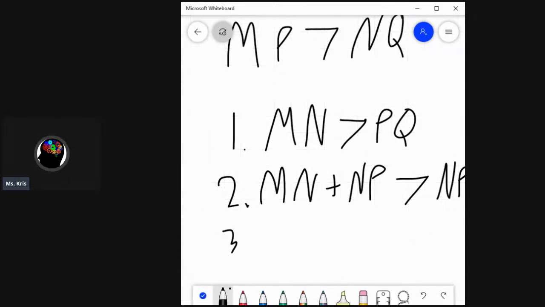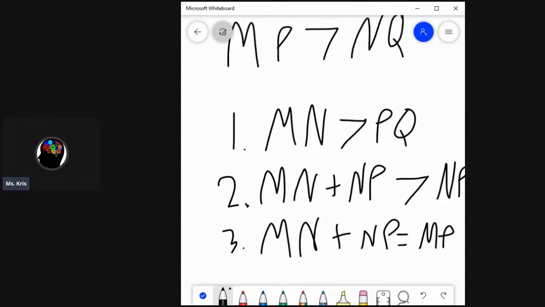We now can say that MN plus NP equals MP.